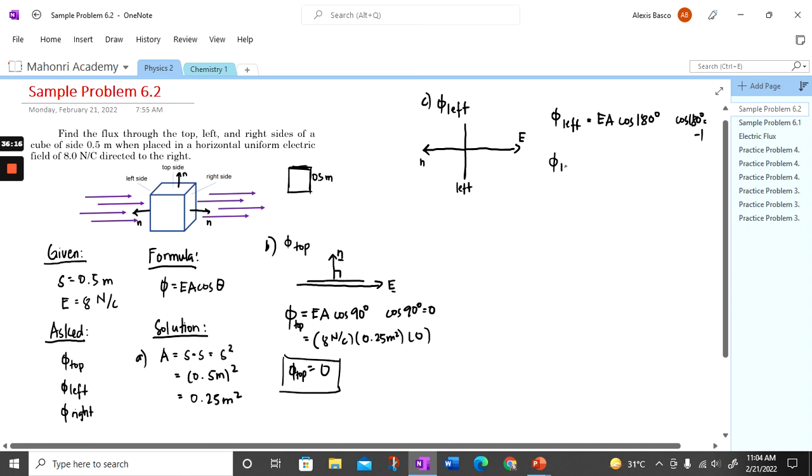So what we are going to get is E, 8 newtons per coulomb, multiplied by 0.25 meters squared, multiplied by -1. And this is actually equal to -2 newton meters squared per coulomb.